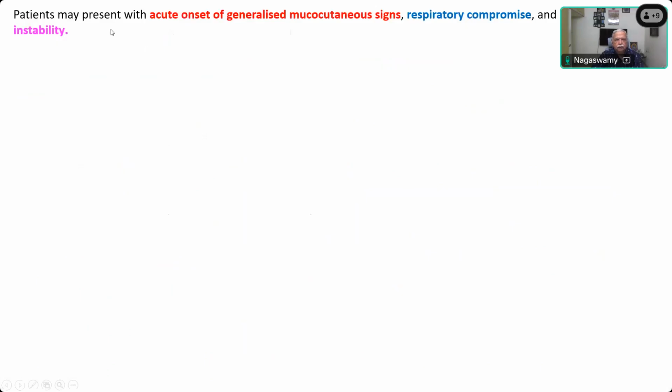So patients may present with acute onset of generalized mucocutaneous signs, respiratory compromise, and cardiovascular instability. So these are the three important presentations: mucocutaneous signs, bronchospasm in the respiratory tract, and cardiovascular instability in the form of hypotension. And these signs may present in isolation or in combination.